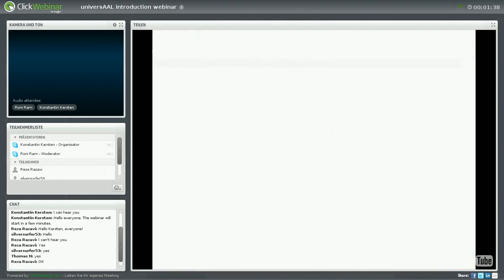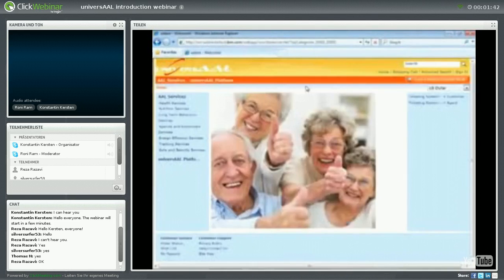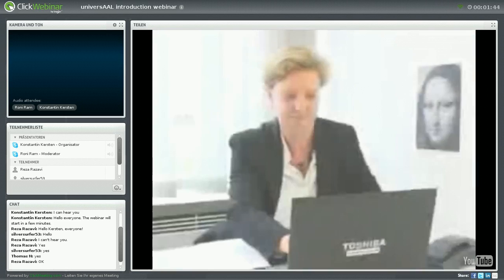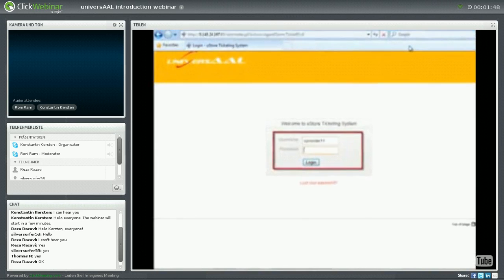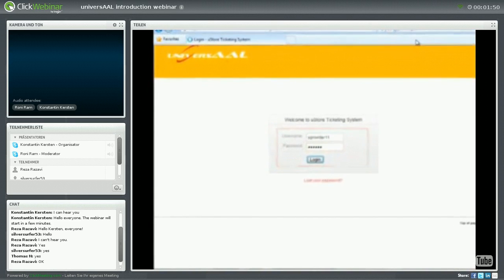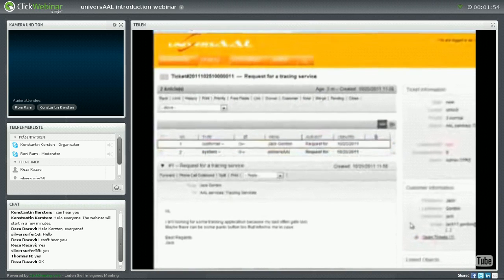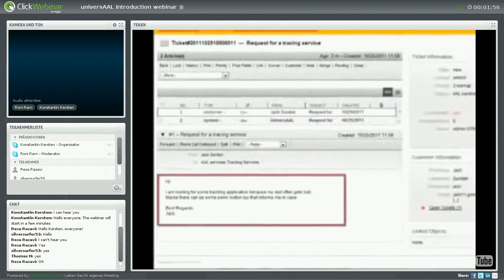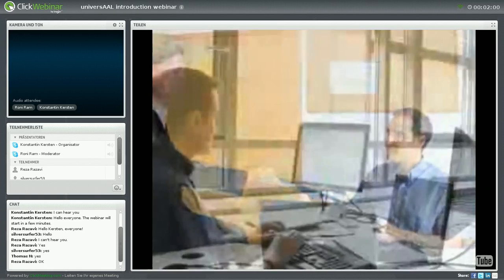The U-Store and one-stop shop of Universal provides solutions for elderly needs. Also, the service providers and developers who are specialized in the AAL domain can develop new applications and devices, receive requests directly from the end users, and merchandise their services, products, and applications.